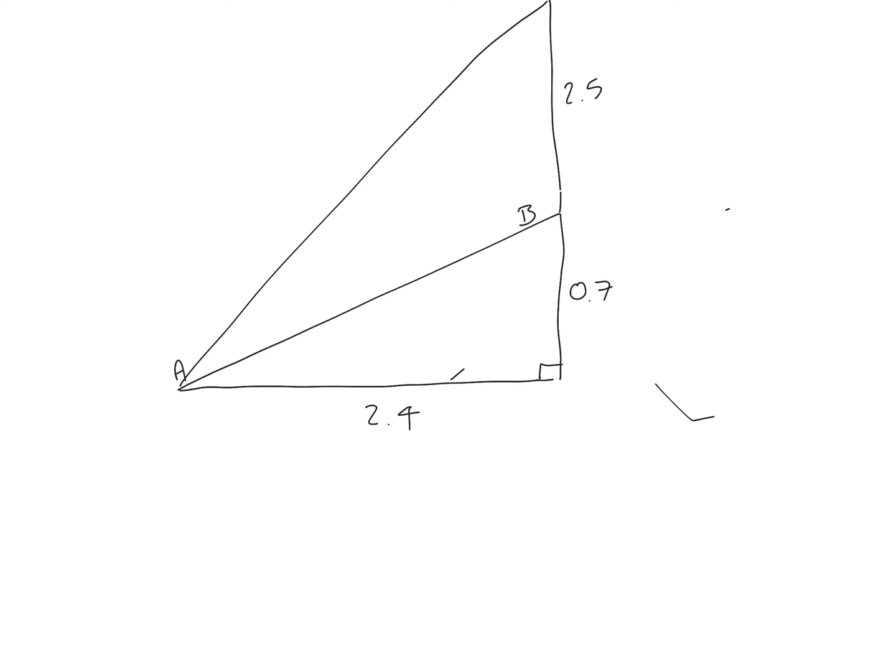A light elastic string of natural length 2.2. So L0 is 2.2. Let's attach one end to C, another end to a block of mass 9 kilograms.